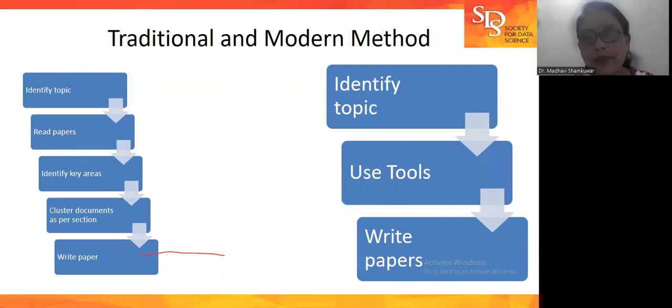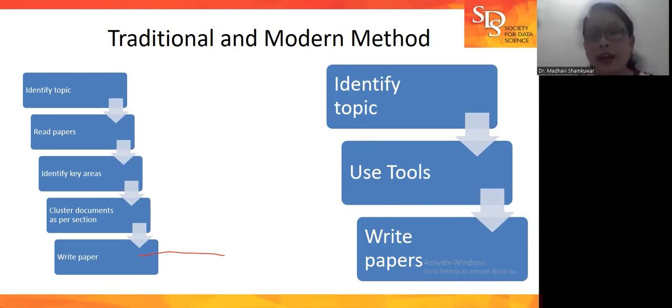There are multiple phases in this, and every time the more concentration is on reading the papers and identifying the key areas. Of course, these are the main phases of the literature review. Of course, there are many other tools, like the Prisma tool, which is used to write a literature review more systematically, or maybe in a more structured format.